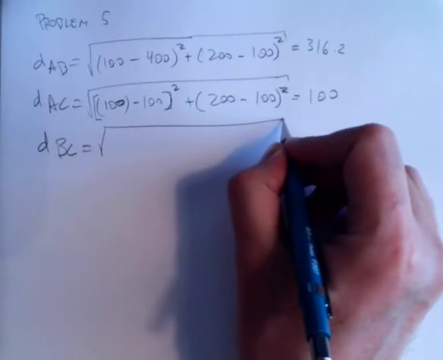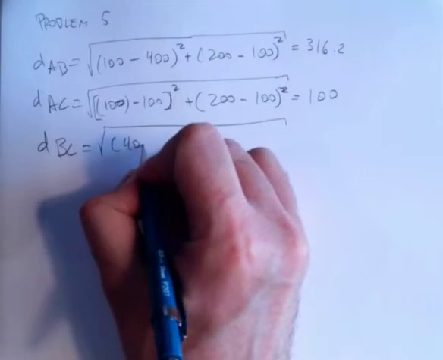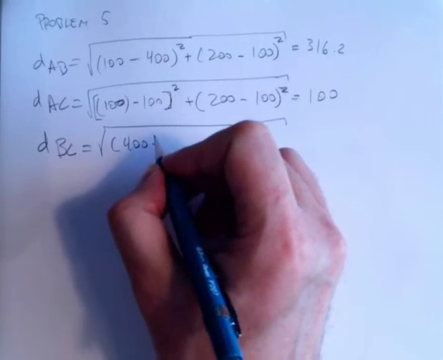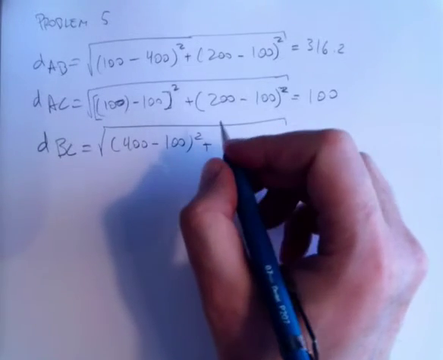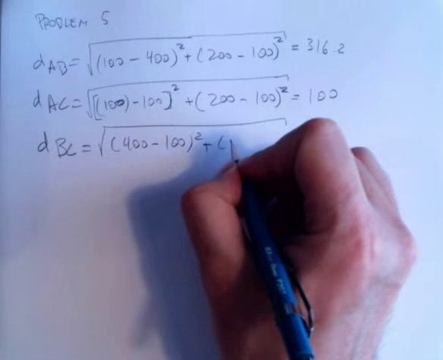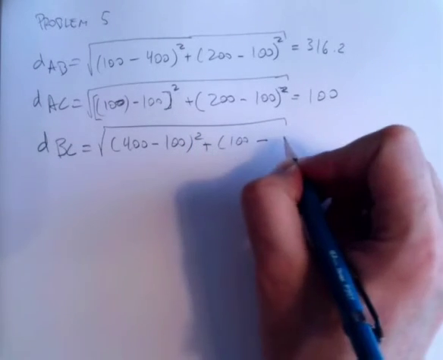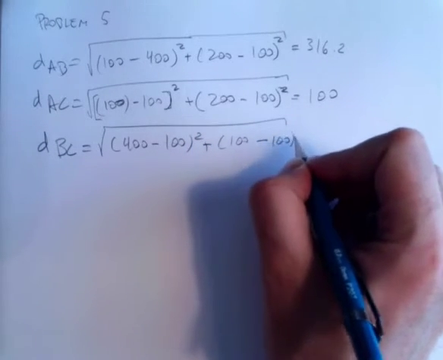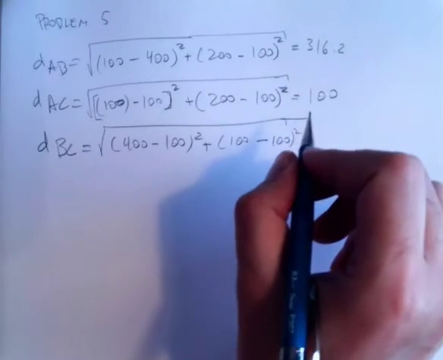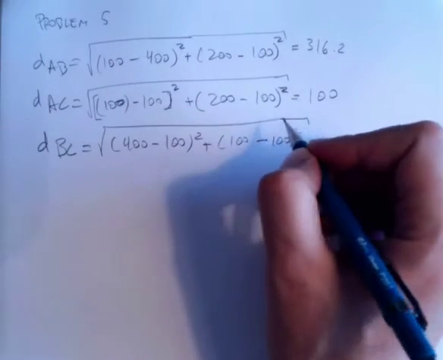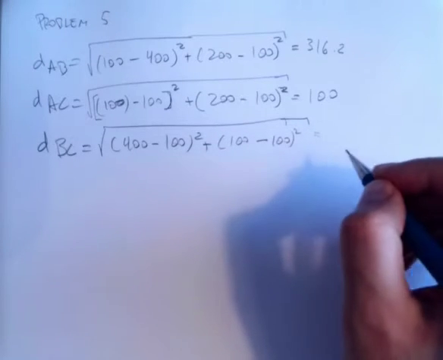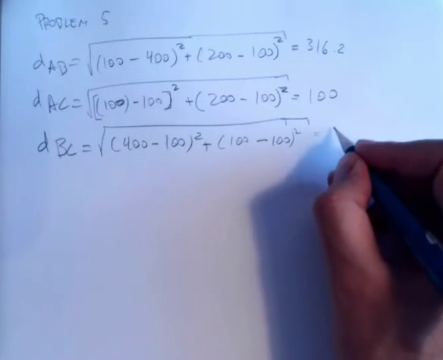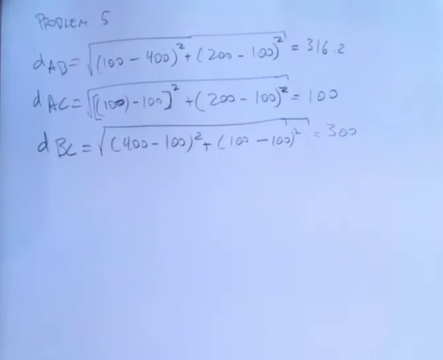So again, square root of 400 minus 100 plus 100 minus 100, which is 0 again. Oops. Didn't plan very well, but you guys are smart. You guys understand what I'm doing. So, and that's going to be 300. So I have the distance now.